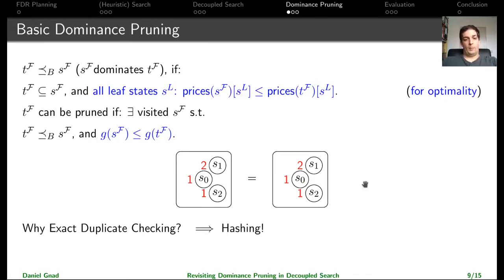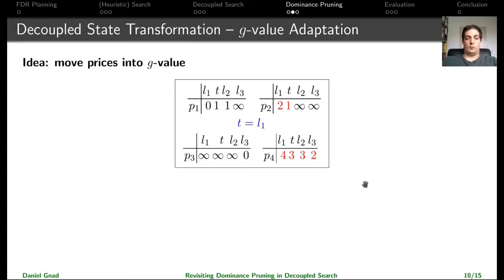With this, let's jump into our first contribution, which is actually a transformation of decoupled states, which we call the g-value adaptation. And the idea of this is to move as much of the price of the leaf states into the g-value as we can. In our example here, you see that there's 2 leaf components, namely P2 and P4, which have a minimum price that's greater than 0. For P2 it's 1, and for P4 it's at least the price of 2.